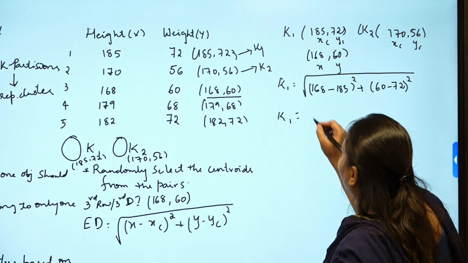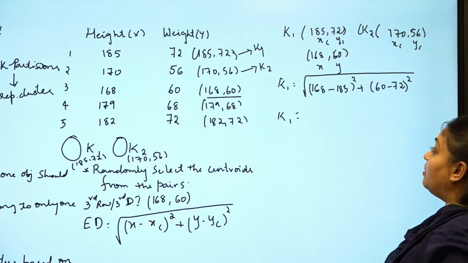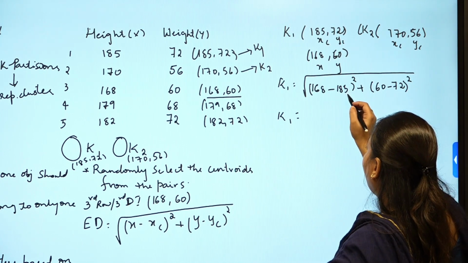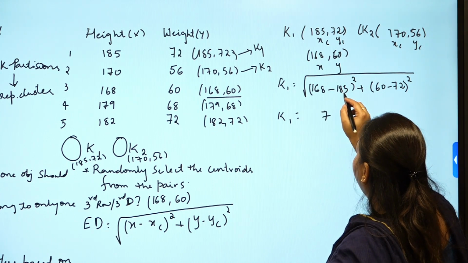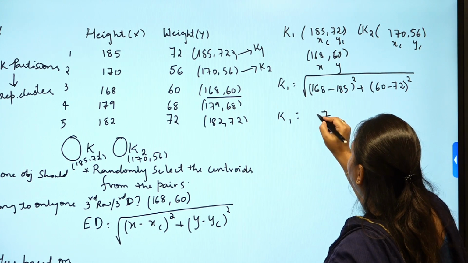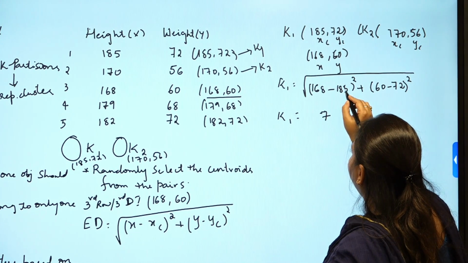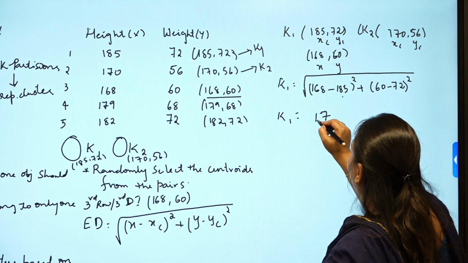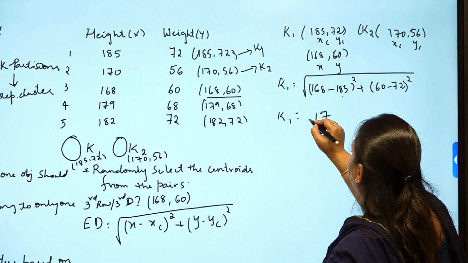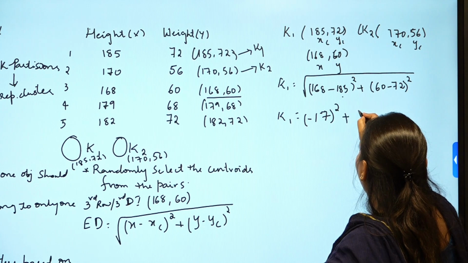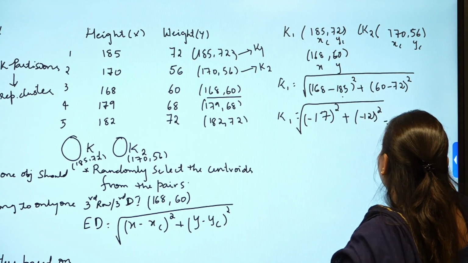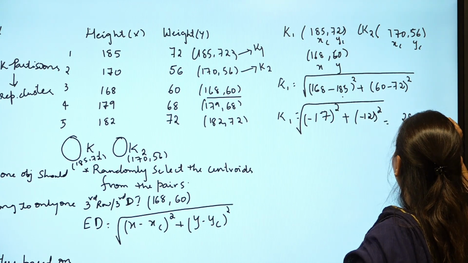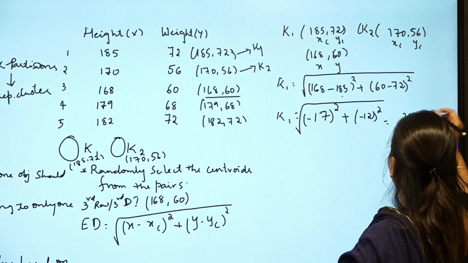Now K1 is equal to, what is 168 minus 185? That is minus 17 whole square plus minus 12 whole square, under root. 17 17s are 289 plus 144.